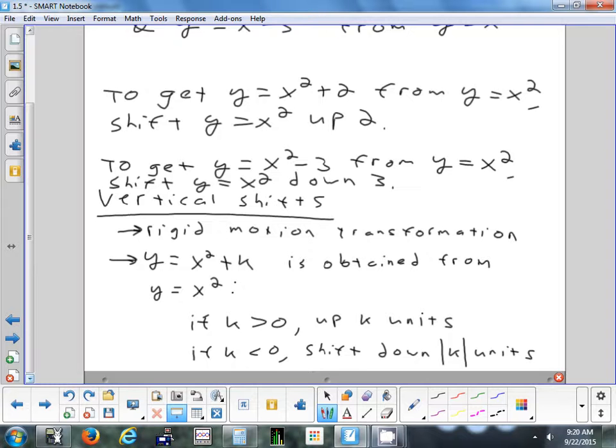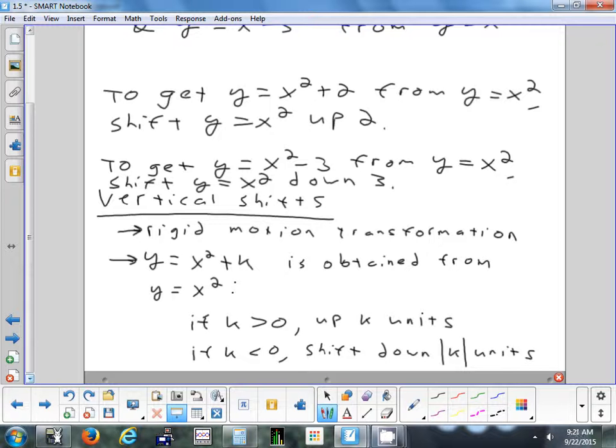Why do you think I put absolute values around k? What would be kind of awkward if you didn't put absolute values around k and you describe shifting down? How would it sound? Yeah, it would sound weird. You'd say shift down -4 units. Okay, don't say something like that.